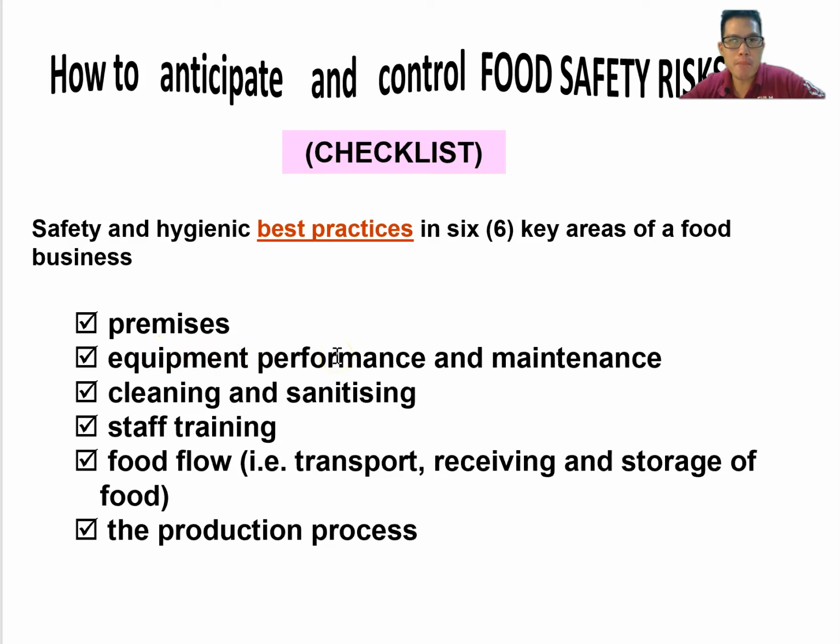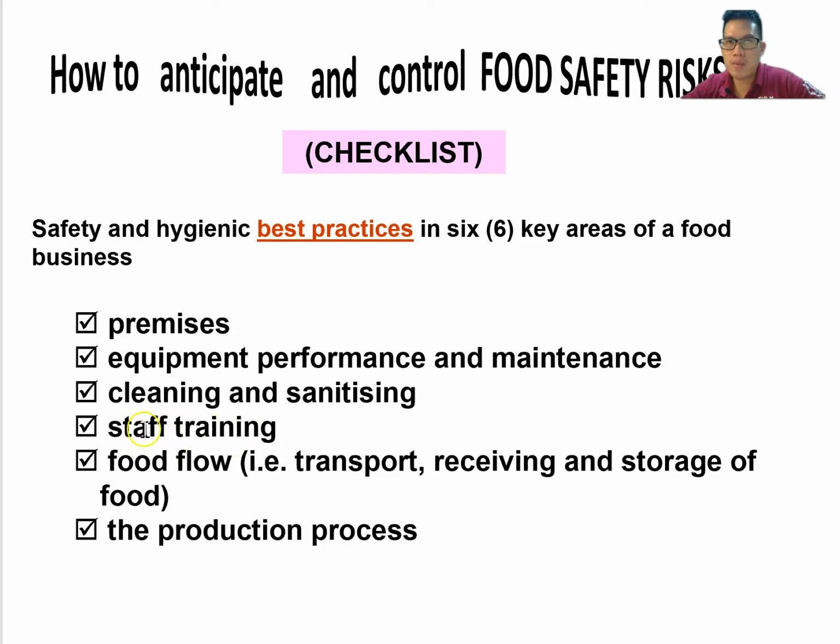Equipment performance and maintenance: make sure your equipment is well maintained and performs well, especially your fridge as well as the freezer, so they can reach the targeted temperature. Cleaning and sanitization protocol, staff training, very important.